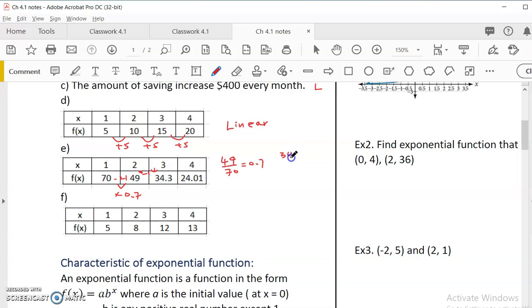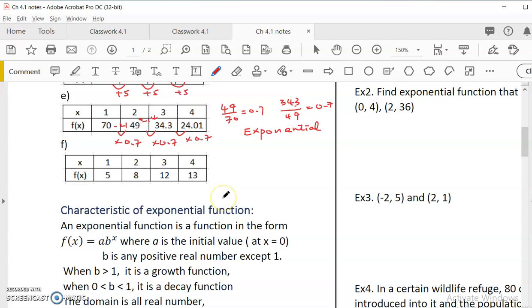What about 34.3 over 49? That is also 0.7. So there is a constant multiplicative factor. We can also check 24 over 34.3, which is also almost 0.7. So this is times 0.7, a constant multiplicative factor, so it's exponential. And it's getting less and less, so it is not exponential growth, it's an exponential decline.